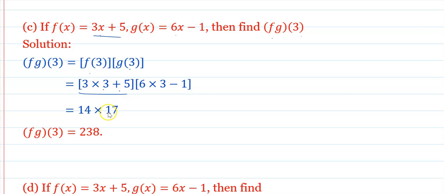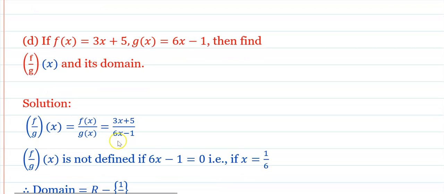G of 3 means what? Replace here x by 3. 6 into 3 minus 1. 3 into 3, 9. 9 plus 5, 14. This is 18 minus 1. That's 17. The product is 238. 14 into 17. Okay. तसे तुम्ही multiplication ते करू शकता.